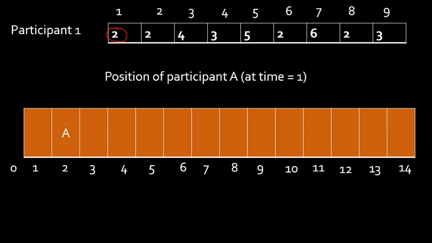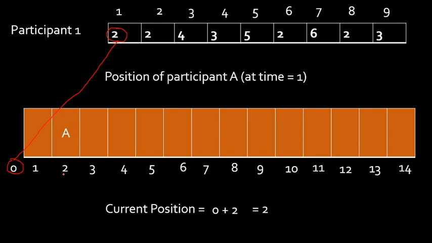Let us consider the initial position is 0. How will I calculate the current position? That is 0 plus the number of steps taken. So 0 plus 2 has given me the result as 2. That is how I determined A is standing at the second position.